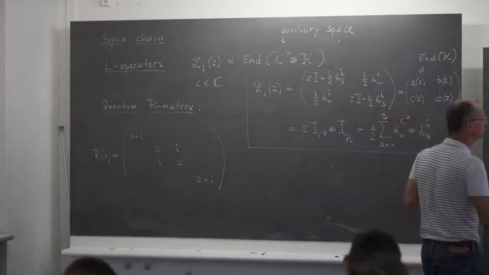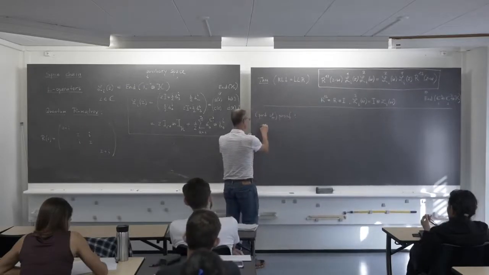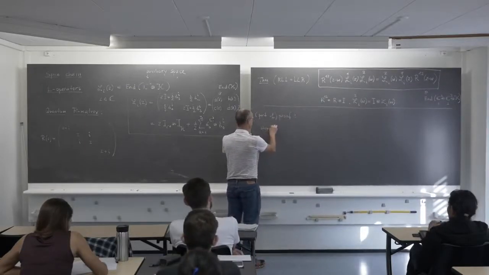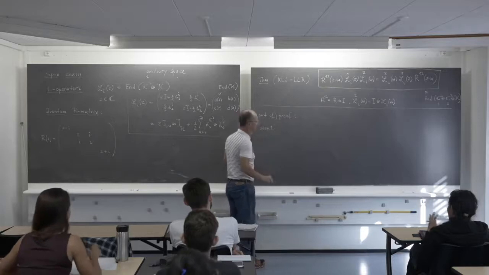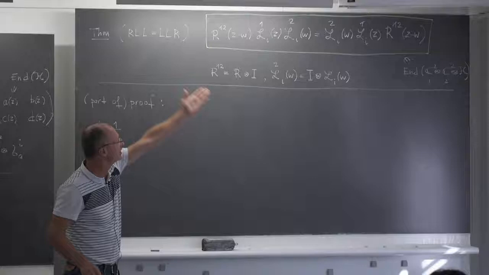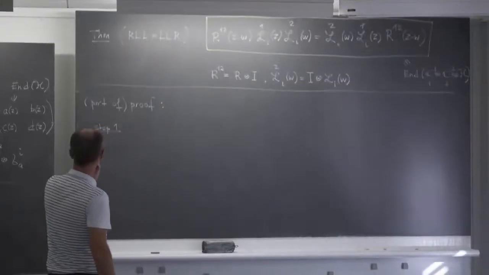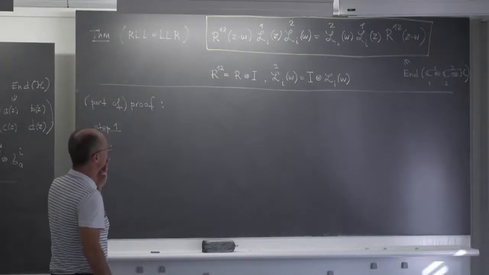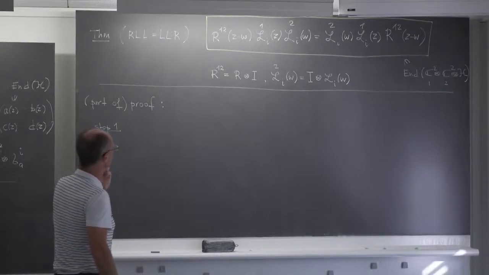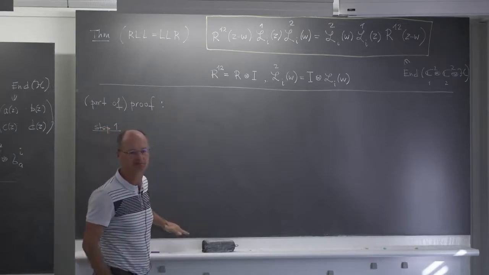So the proof consists of 2 steps. Step 1. Let me simply write down this identity as a matrix identity. Here I'm a little bit unsure how much of a blackboard it's going to take, but let's hope it fits here.